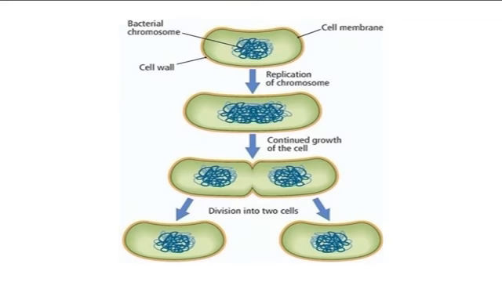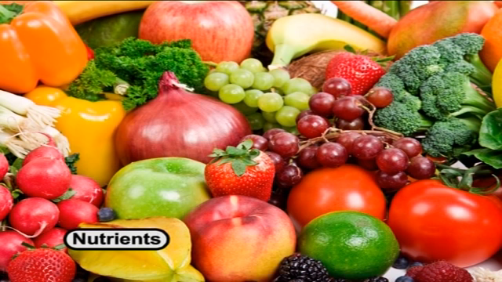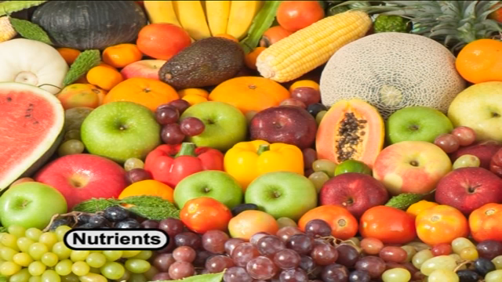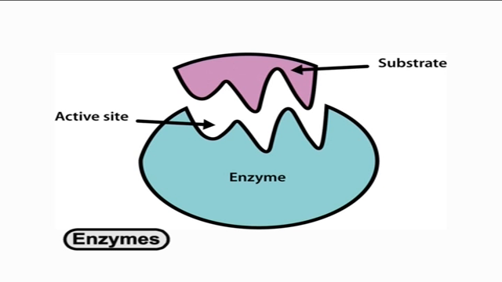Several events take place before cell division as shown in the figure. Nutrients from surrounding environment are transported into the cells. These nutrients are converted into cellular components and enzymes, etc. The nuclear content increases, which is sufficient for both the cells.